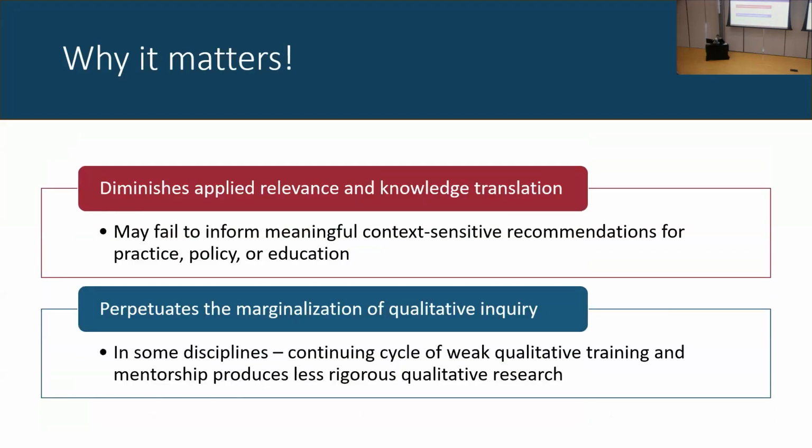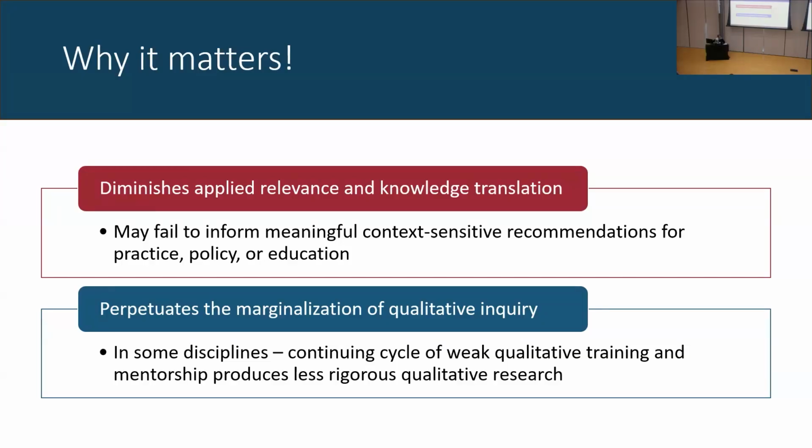I think that it also matters because in the health sciences, when that strand is weak, it diminishes our ability to apply these findings. Applied health researchers, we're trying to solve problems. We're generating insights, evidence to inform new interventions, new assessment tools, new scales, new policies, new educational curricula. We're doing this research to apply to problems.